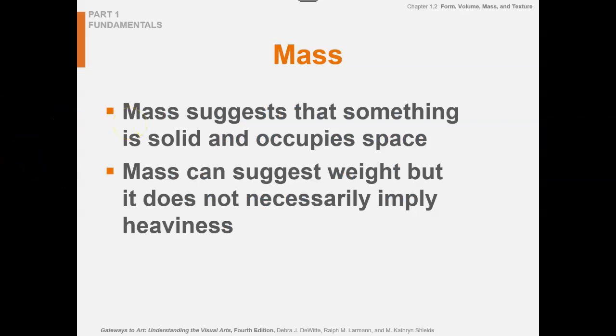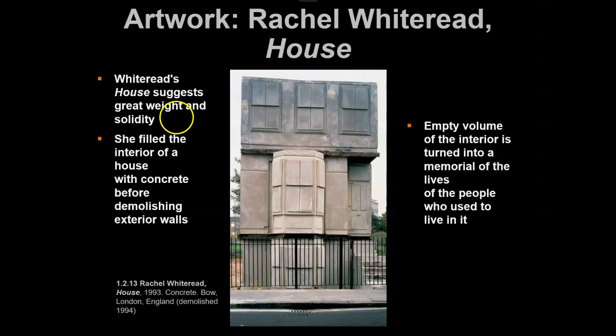With mass, it suggests that something is solid and occupies space. But just remember that mass can suggest weight, but it doesn't necessarily imply heaviness. In this piece, Rachel Whiteread's House, she suggests the great weight and solidity of this piece. She fills the entire house with concrete and then pulls away the exterior walls, so it's kind of like a mold.